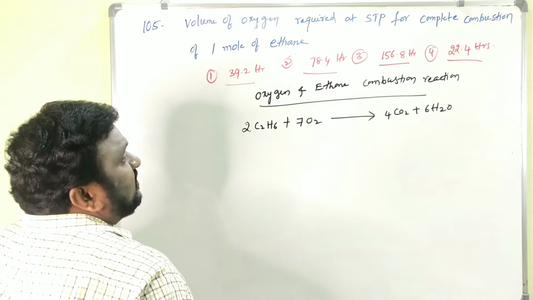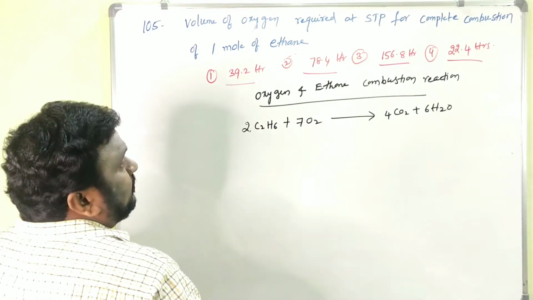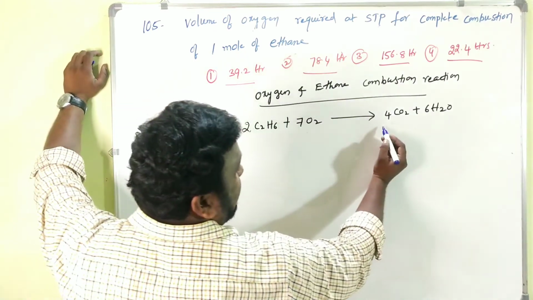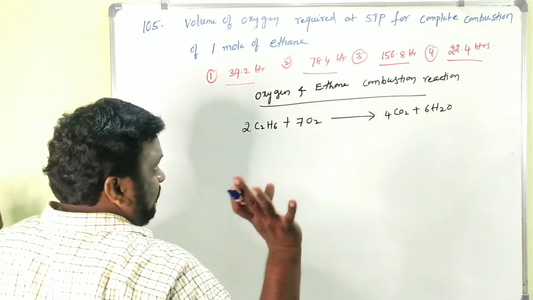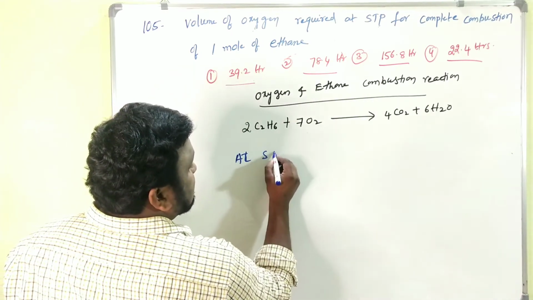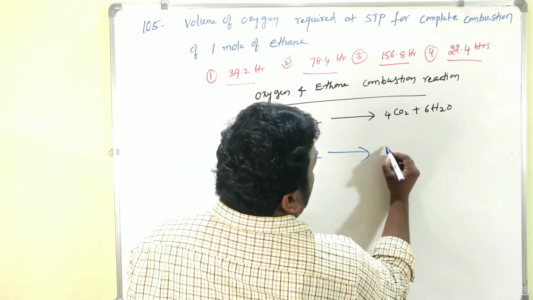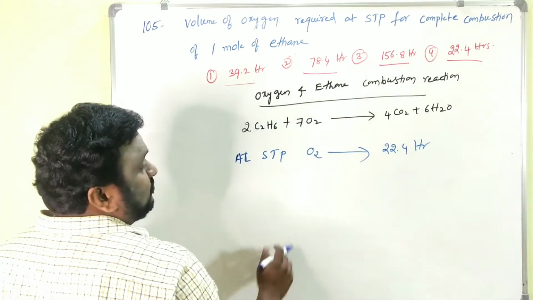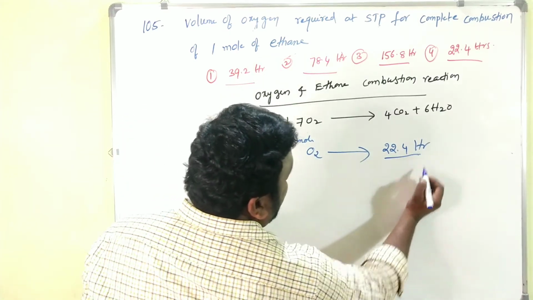So here the combustion reaction between oxygen and ethane is given by 2C2H6 plus 7O2 gives 4CO2 plus 6H2O. This is a balanced equation. So all of you know at STP, 1 mole of O2 consists of 22.4 liters.